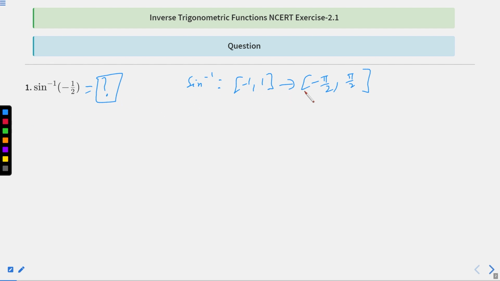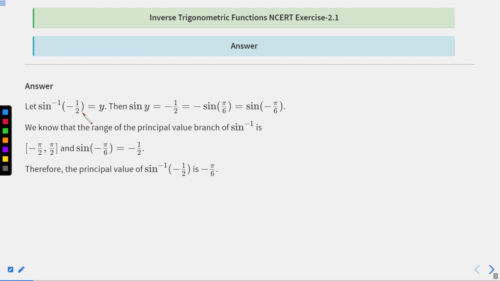So how are we going to solve it? Quite easy. Always start with sine inverse of minus 1 by 2 is equal to y. Now we have sine y is equal to minus 1 by 2.